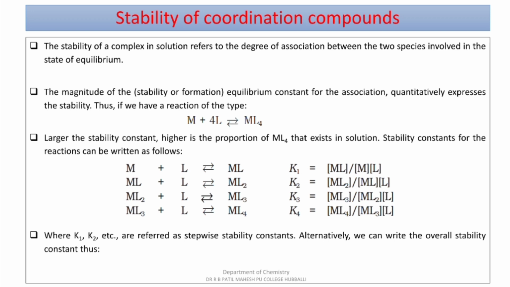Alternatively, we can write the overall stability constant as M plus 4L gives rise to ML4, and there is a formation of the overall stability constant, that is beta 4, which is equal to the concentration of ML4 divided by the concentration of M into the concentration of L raised to 4.